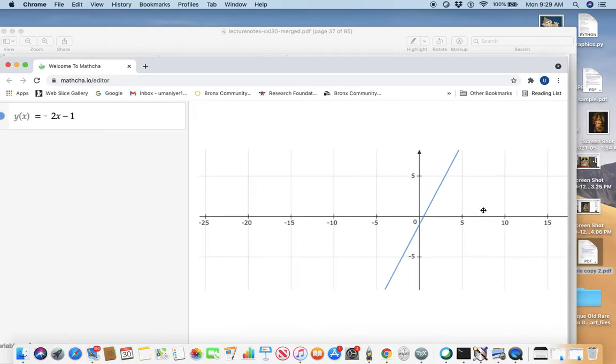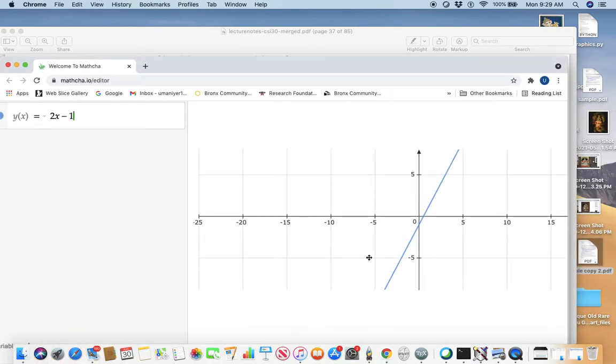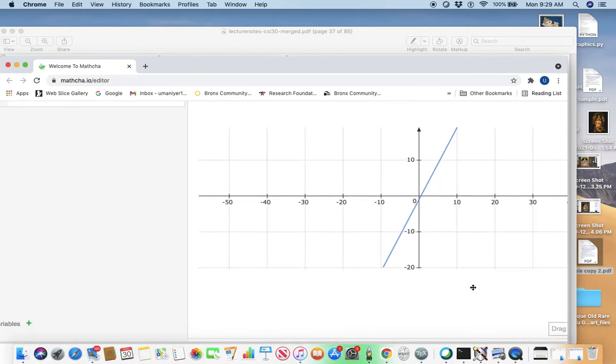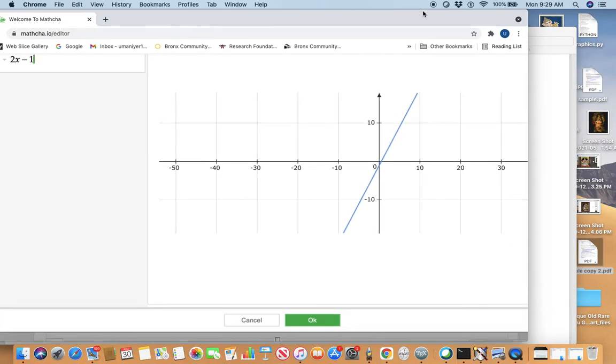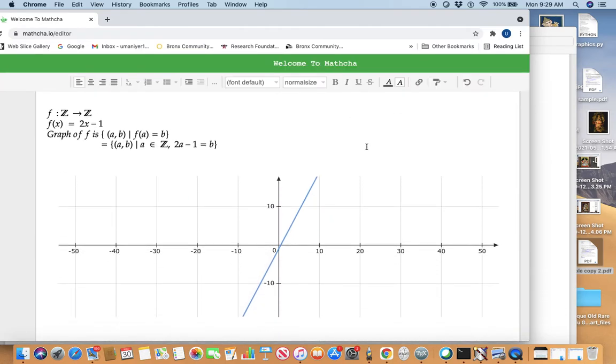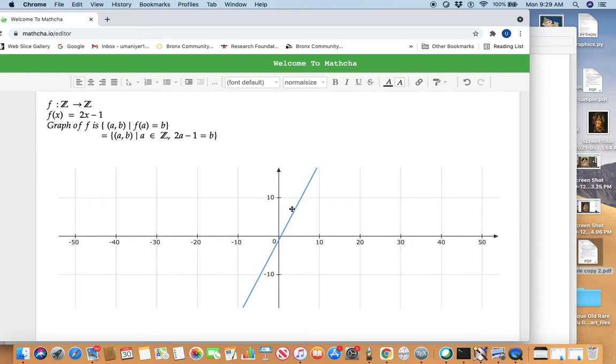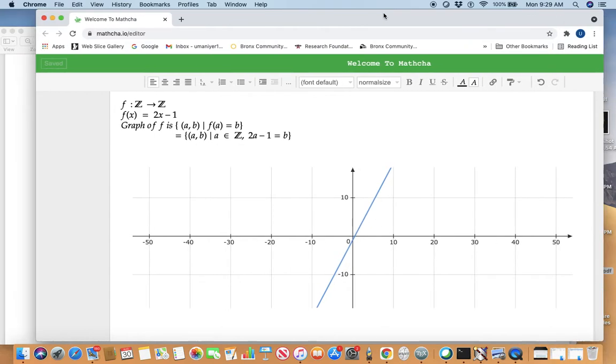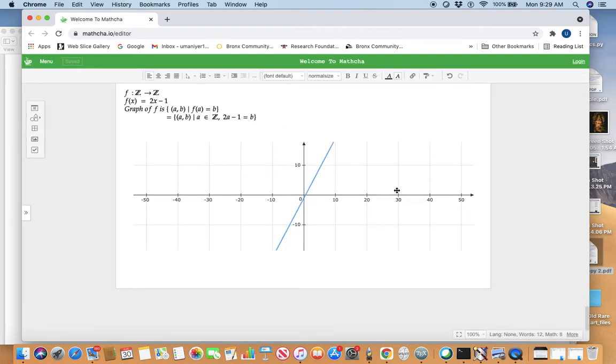That's the line I'm looking at. This line consists of every point on the real numbers. I don't want every point. I want just integer points.